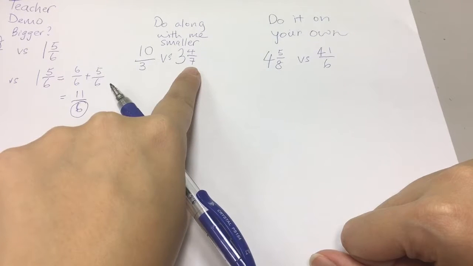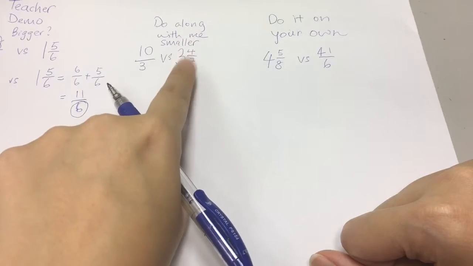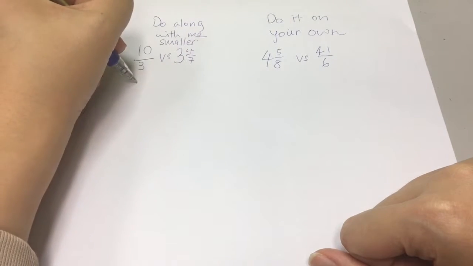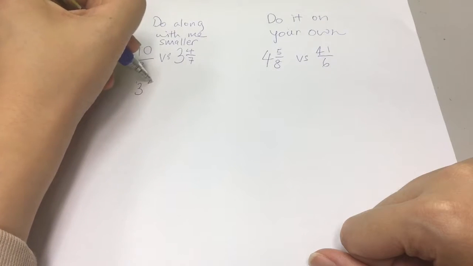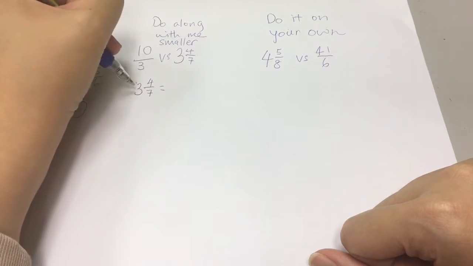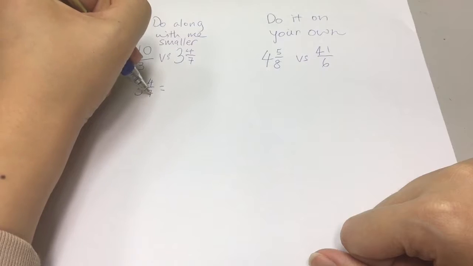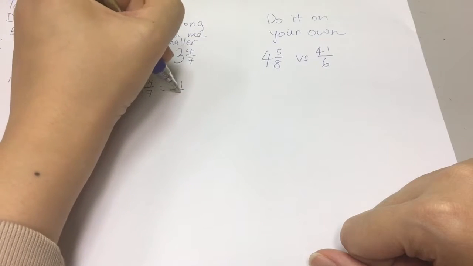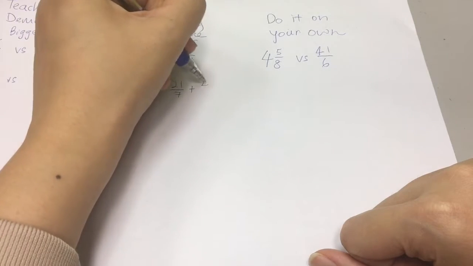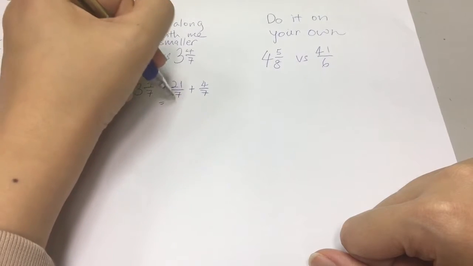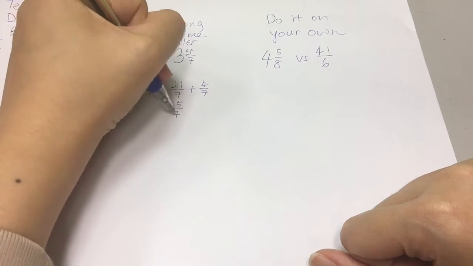In this case, I've decided to convert this to an improper fraction. So 3 whole and 4 out of 7 is the same as 3 times 7, 21 out of 7, plus 4 out of 7, which will give me 25 out of 7.